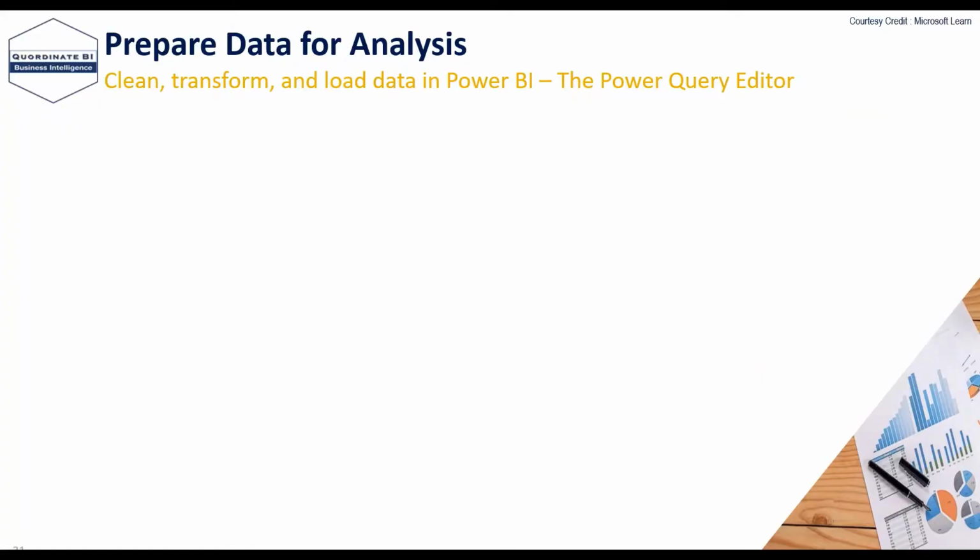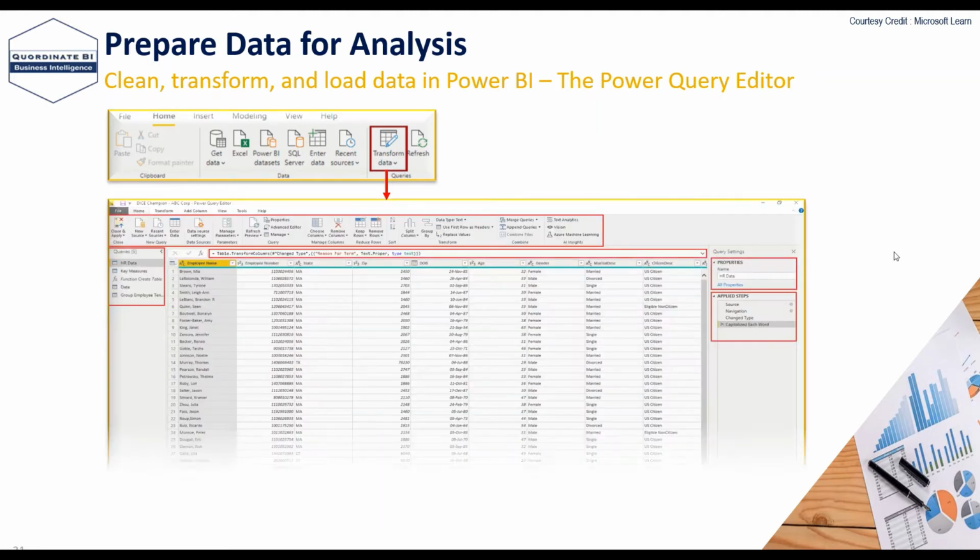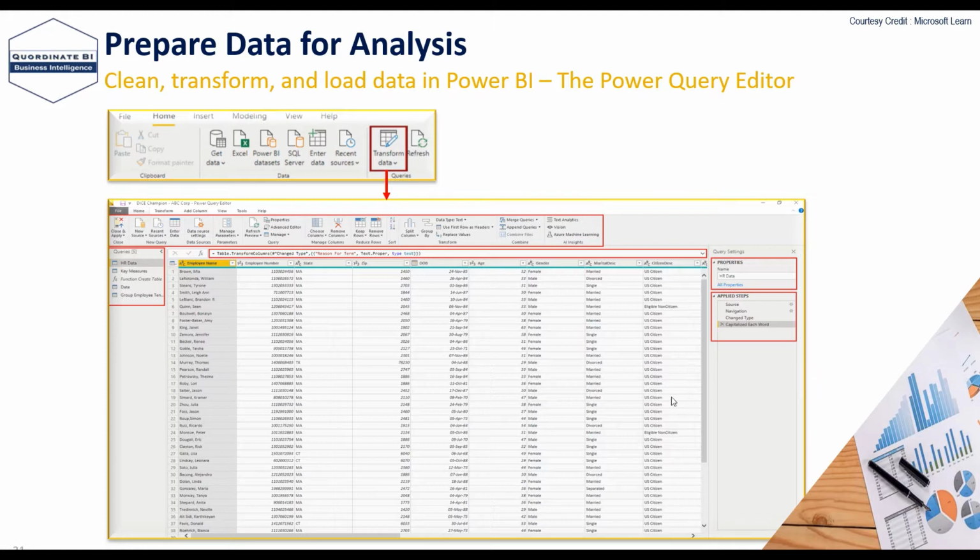So let us understand and get to know about the Power Query Editor, the most important tool in Power BI Desktop. Okay, how to get that? Click on Home tab, select Transform Data, and here you get to see the Power Query Editor. So left hand side, it's your query pane.